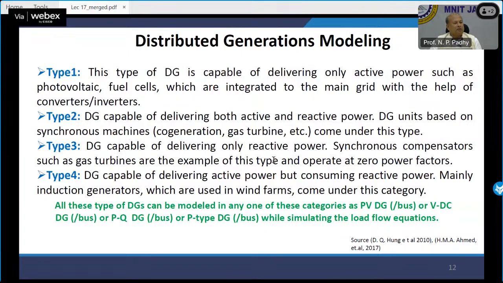So a synchronous generator or a wind generator will fall under type 2. What is type 3? DG capable of delivering only reactive power. And type 4, DG capable of delivering active power but consuming reactive power. So one case delivering P, the other case P and Q, the third only Q, the fourth delivering P and consuming Q. So they need to be modeled differently.